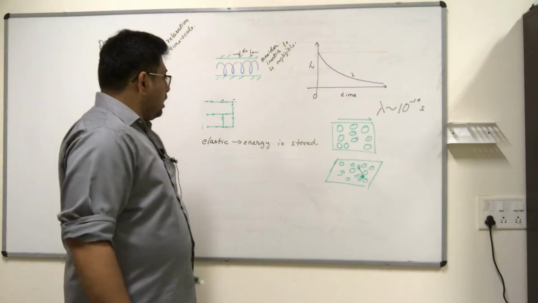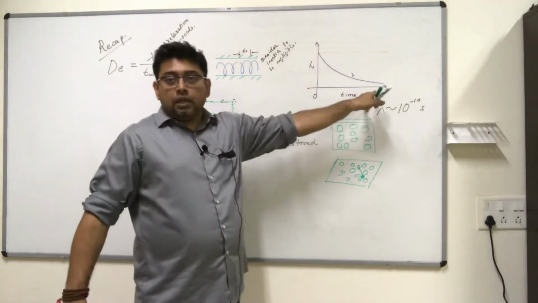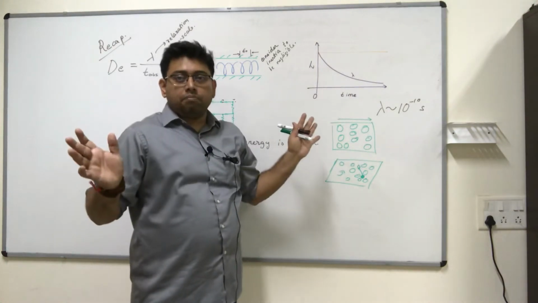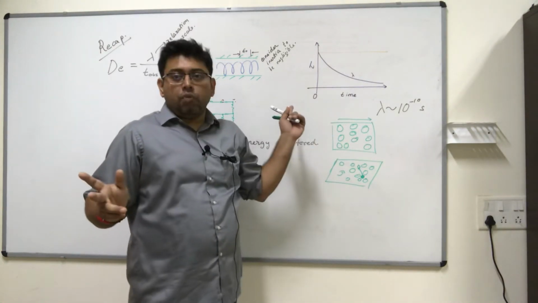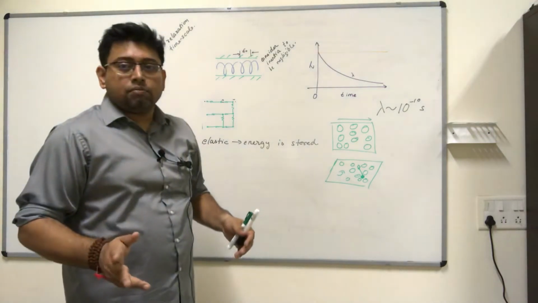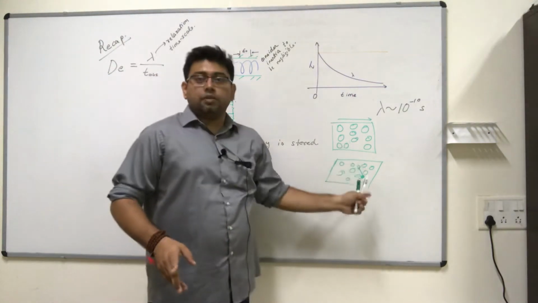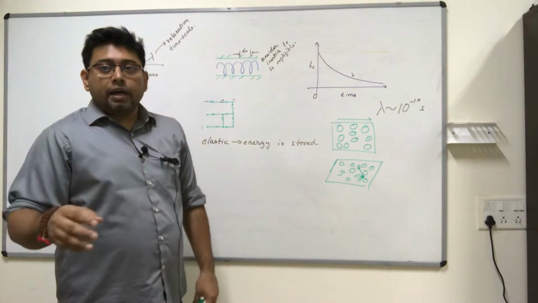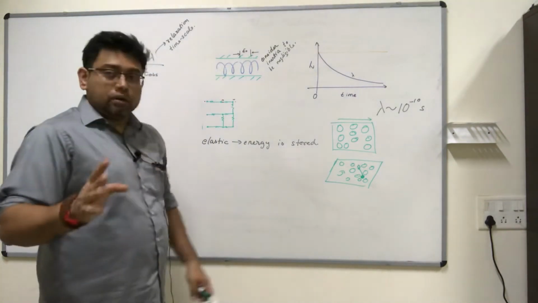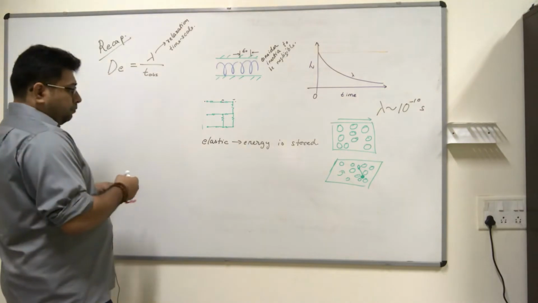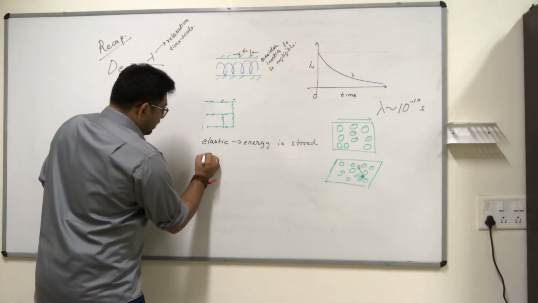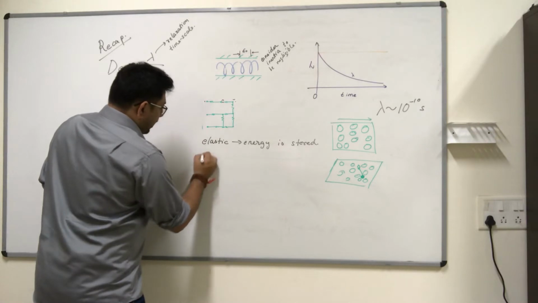So the energy at the beginning and end is the same, but you did put in some work. Where has that gone? Well, that has gone into this rearrangement at the molecular level. It's lost to you. The entirety of the energy that you put in is gone. So this was solid.